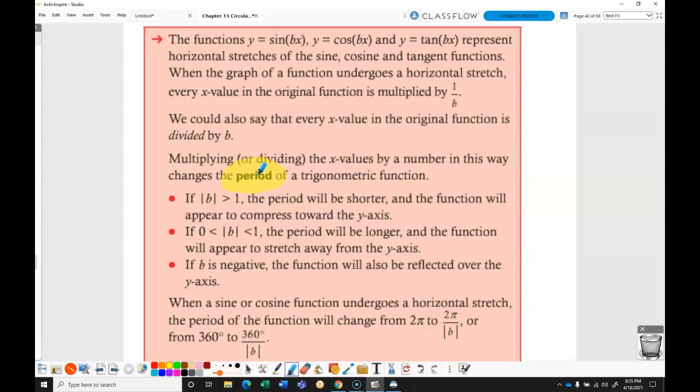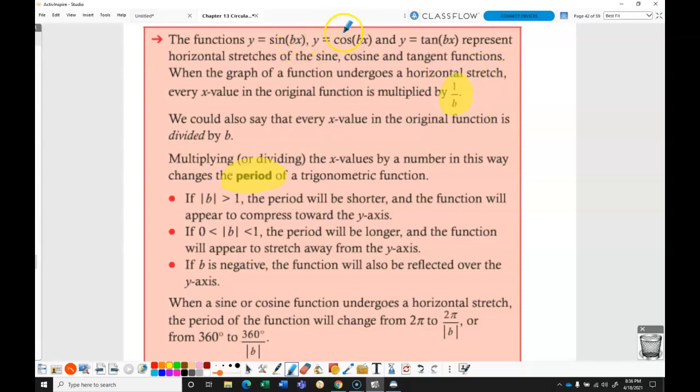Now, just like what was in those parentheses for the horizontal shift, we acknowledged the opposite. So if it said minus pi over 2, we actually went in the positive direction. And if it said plus, we actually went in the negative direction. Kind of is opposite, if you will, with this also, in that we're going to multiply by 1 over b.